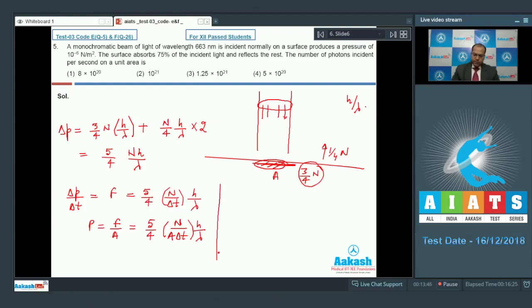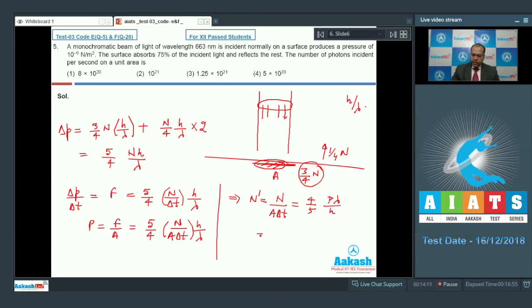From this equation, the number of photons incident per second on a unit area, n dash, is equal to n divided by A into delta t, and from this equation it is equal to 4 by 5 of p lambda by h.